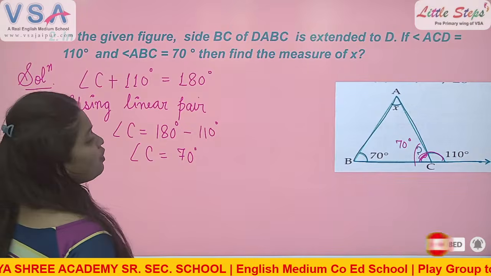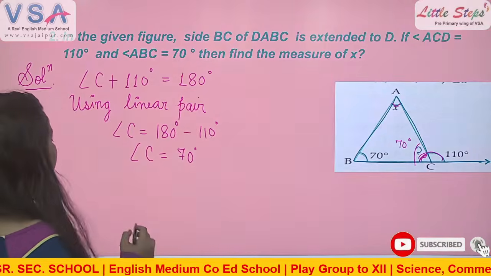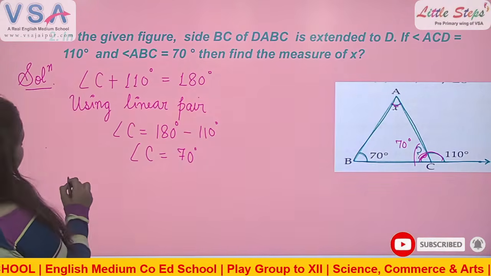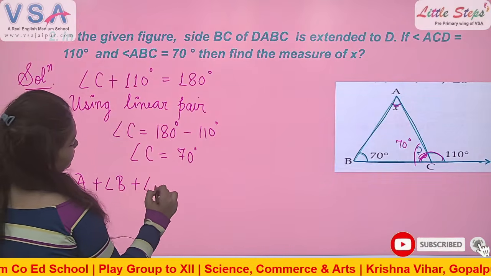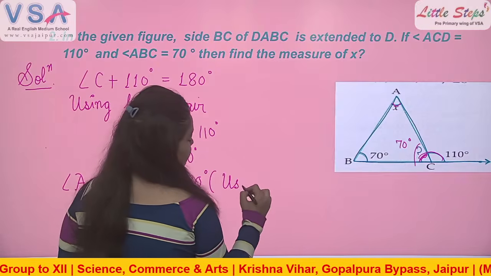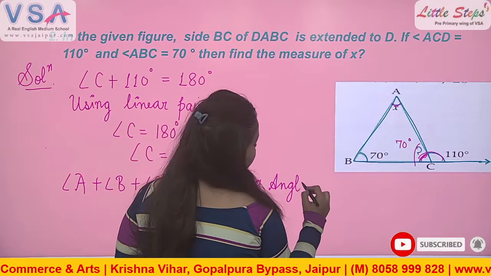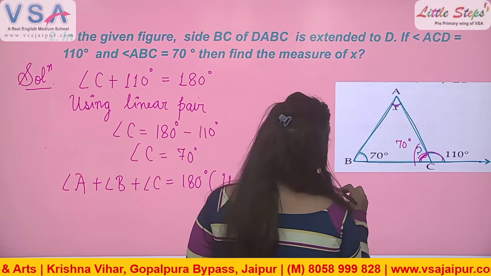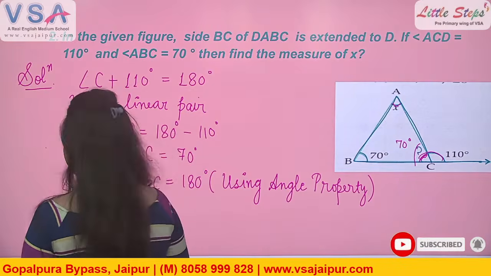Yes. Now we want to find the value of x using the angle sum property. Angle A plus angle B plus angle C equals 180 degrees. What is the name of the property? Angle sum property. We all know the sum of a triangle is 180 degrees.